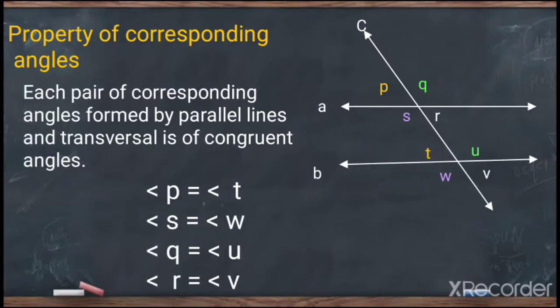Therefore, you can say angle P and angle T both are congruent angles. Similarly, angle S and angle W is the next pair. So the corresponding angles formed by parallel lines and transversal are congruent, meaning they have the same measure.